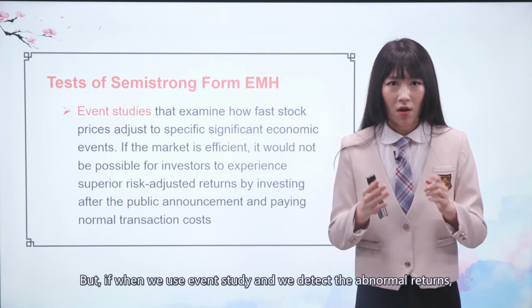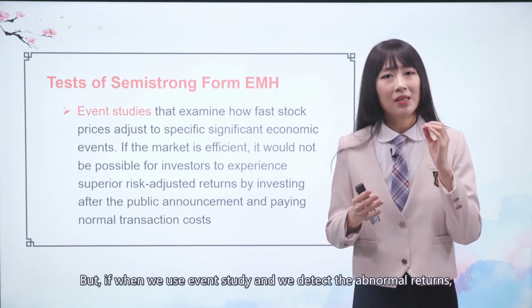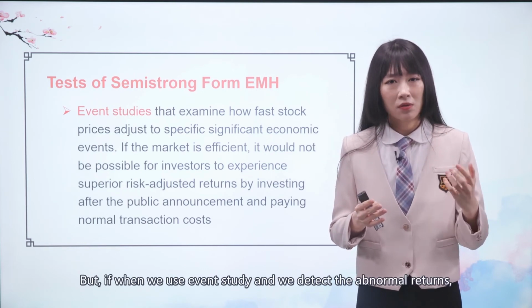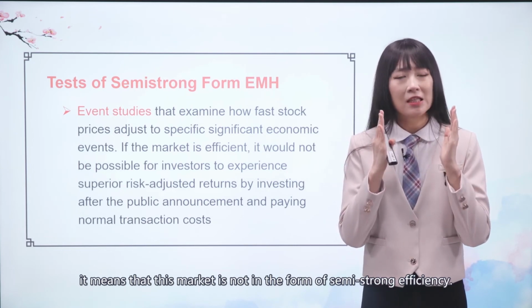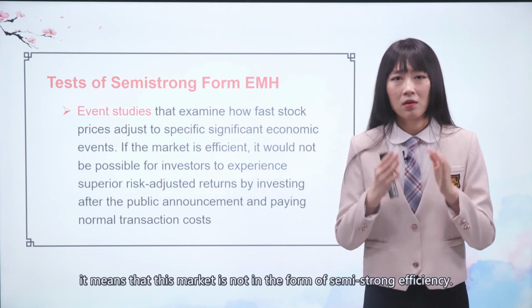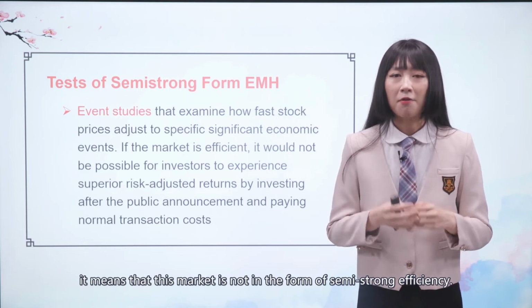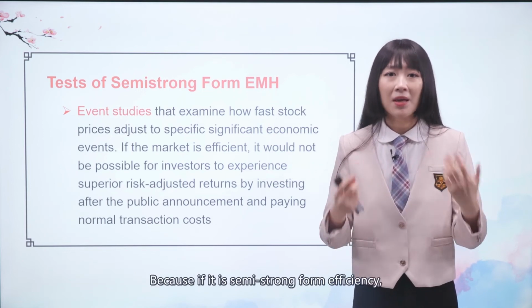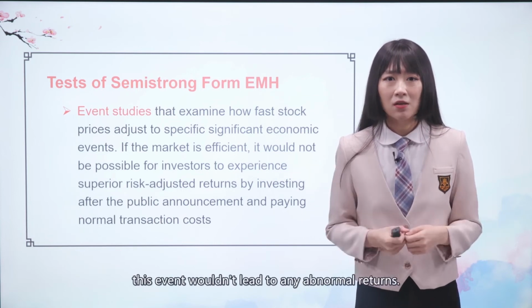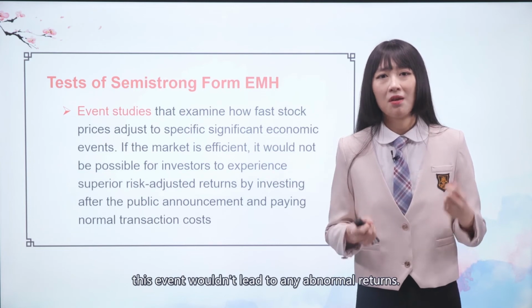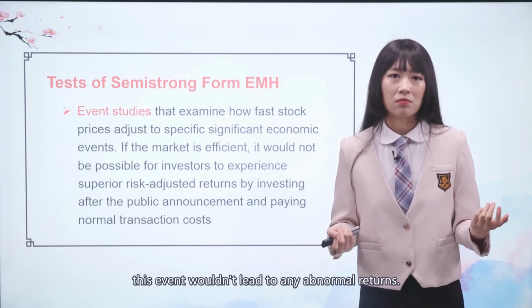But if, when we use event study, we detect abnormal returns, it means that this market is not in the form of semi-strong form efficiency, because if it were, this event wouldn't lead to any abnormal returns.